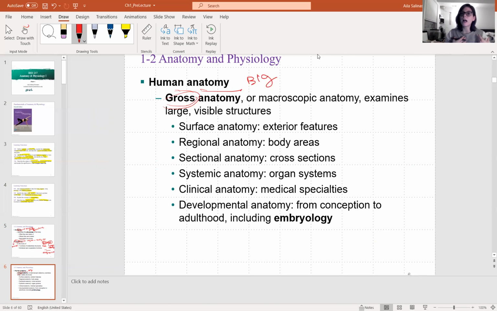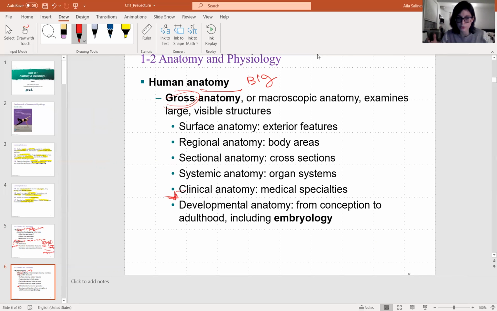the regional anatomy, just the torso or just the appendices. We have sectional anatomies that study the cross sections of the body. The systemic anatomy that is gonna focus in the organ system, the structure of the systems. We also have clinical anatomy that focuses in structures that have medical importance.